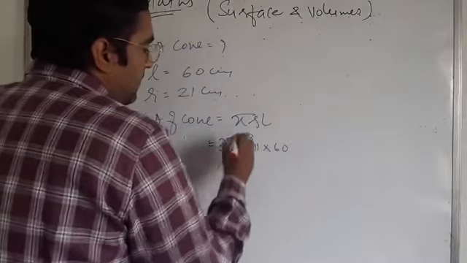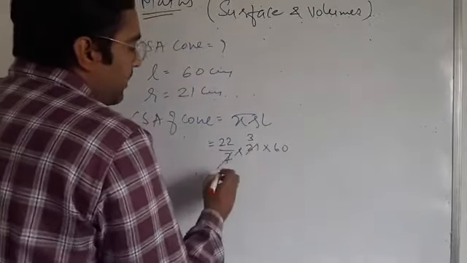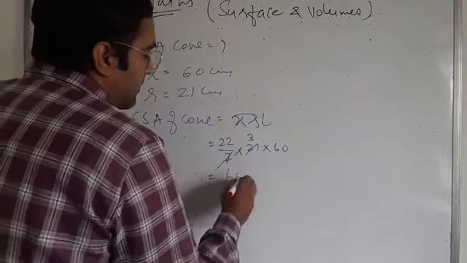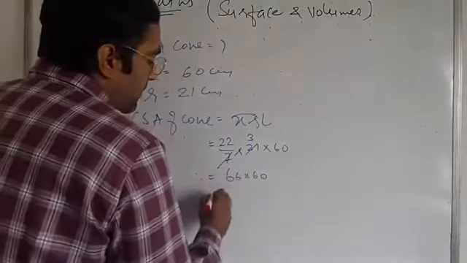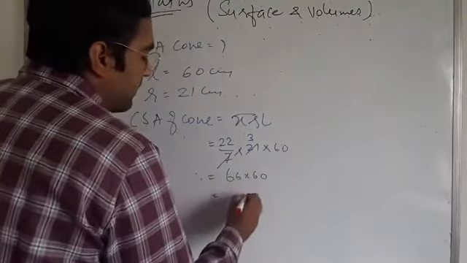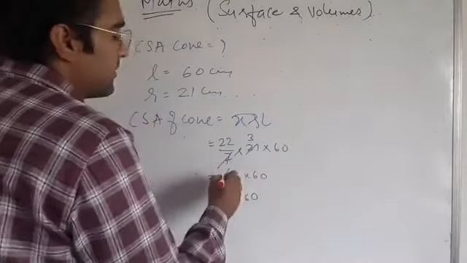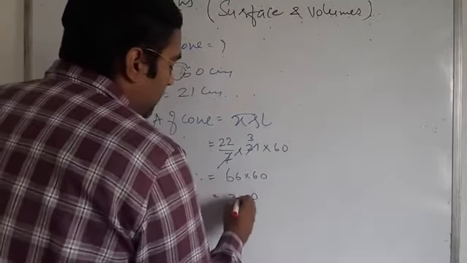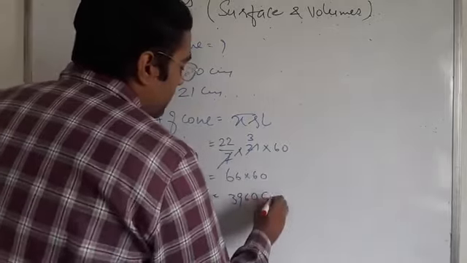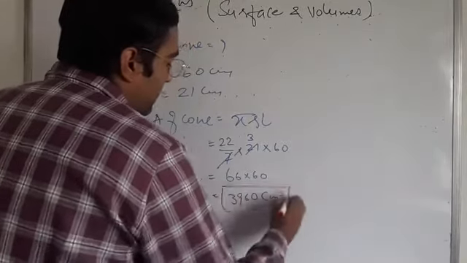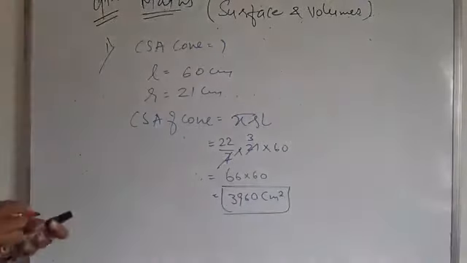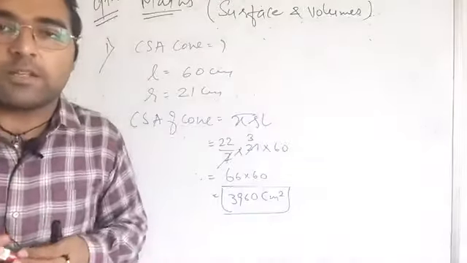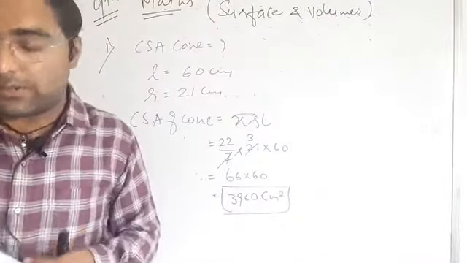So 7 threes are 21, then 22 threes are 66, into 60. 0, 6 sixes are 36, 3 carry, 6 sixes are 36 plus 3, 39. So my answer is 3960 centimeter square. That is my curved surface area of the cone.